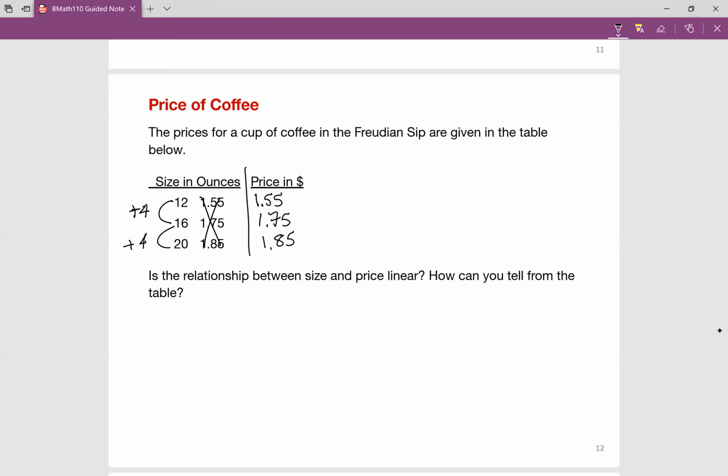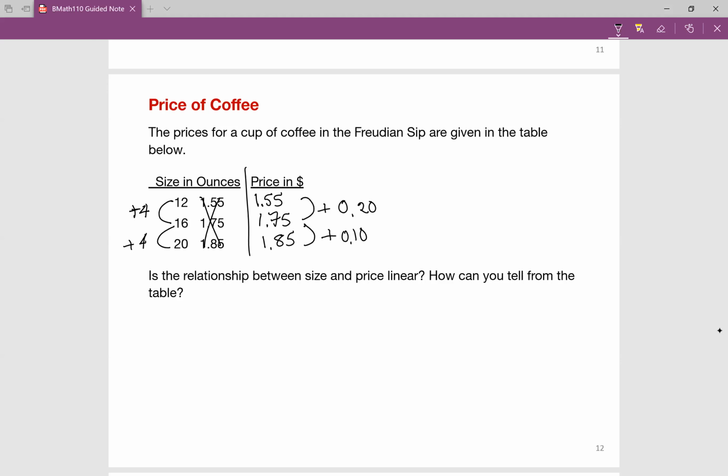Now let's see the difference in the price. From the first to the second, the price is increasing by 0.20, right? And from the second to the third one, it is adding 0.10.